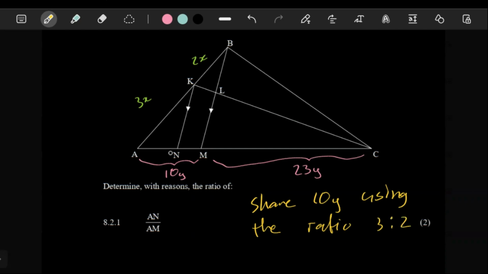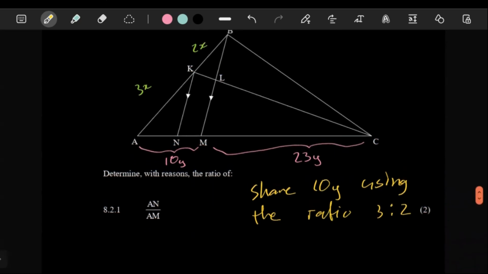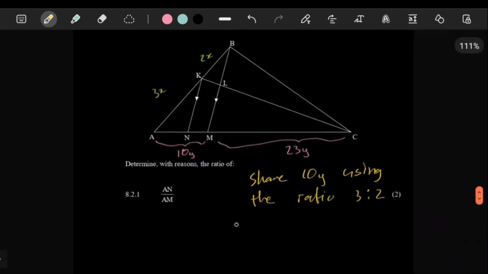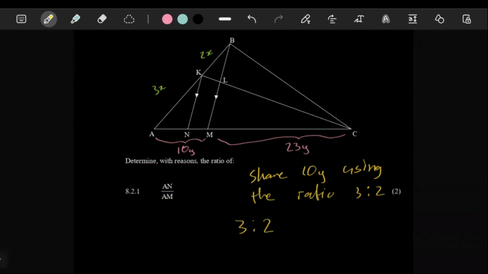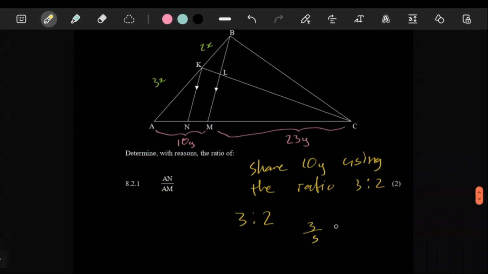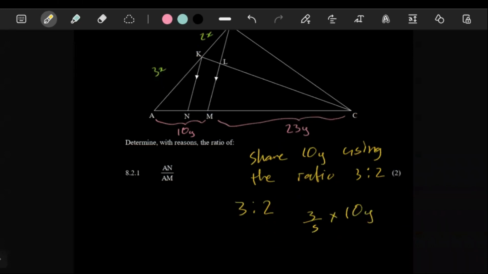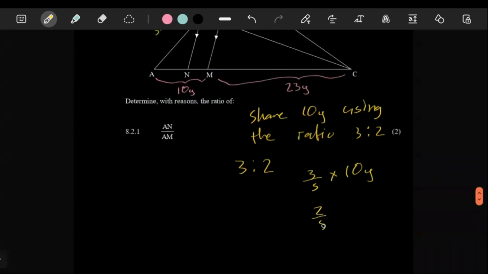That's how you're going to get AN over AM. You have to remember your ratio is 3 to 2. If you're going to share 10y using the ratio 3 to 2, you add them up, you get 5. Then you say 3 over 5 times 10y, and then 2 over 5 times 10y.